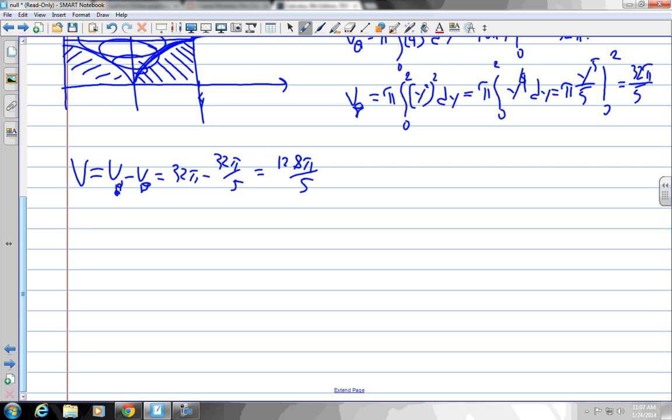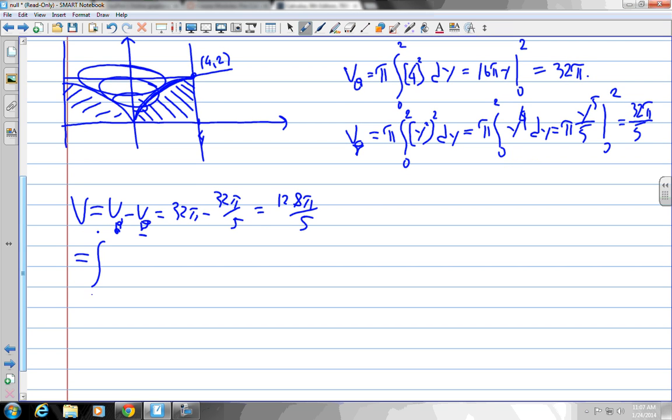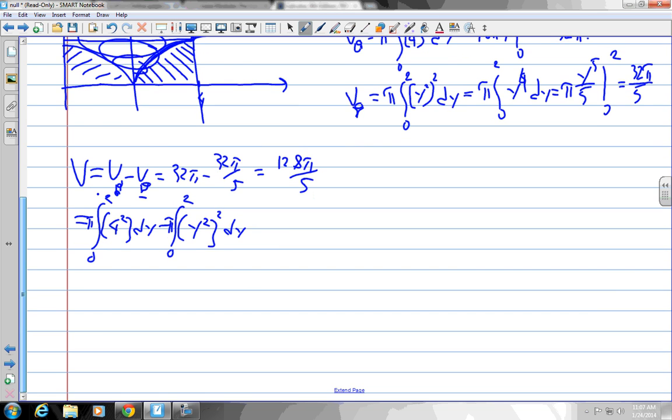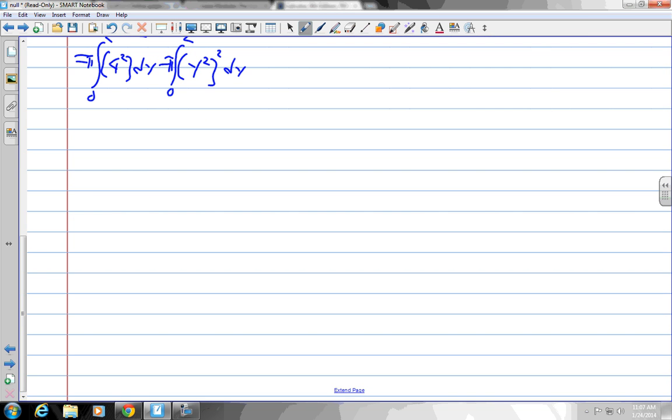But if you understand that this is the difference of these two integrals, one was from 0 to 2 of 4 squared dy times pi, and the other one was from 0 to 2 of y squared dy times pi. If I do a little bit of manipulation, I will end up with pi times the integral from 0 to 2 of 4 squared minus y squared dy.